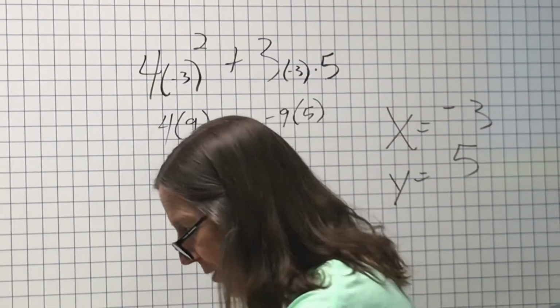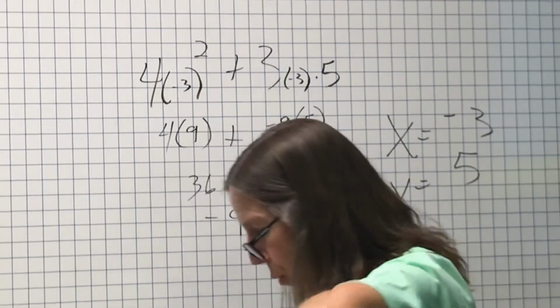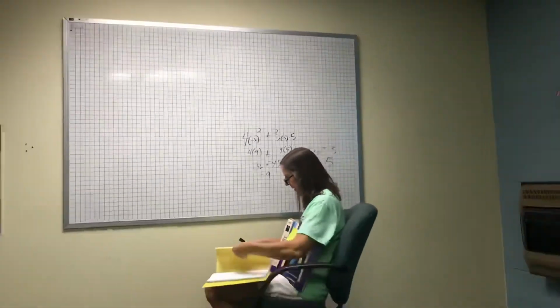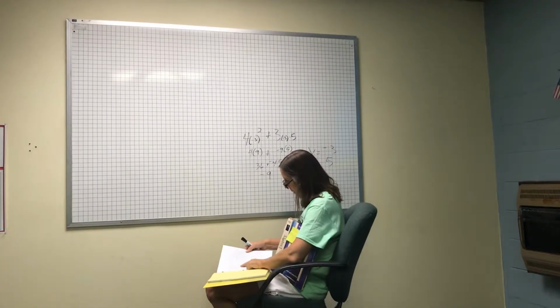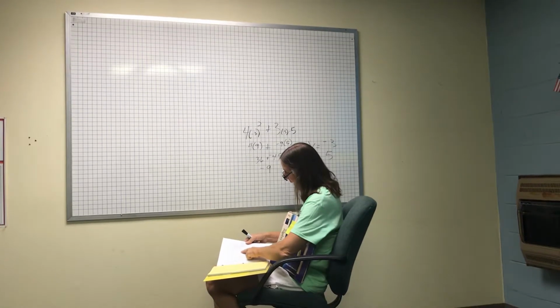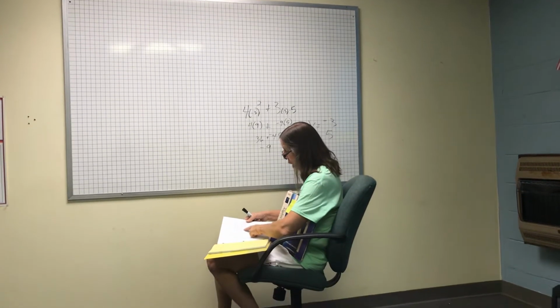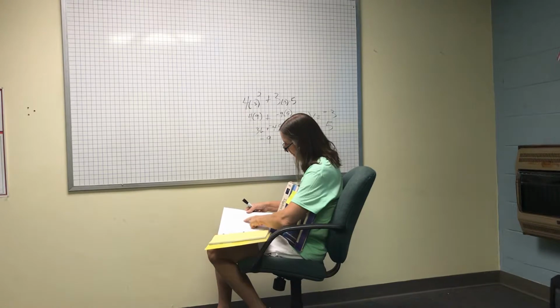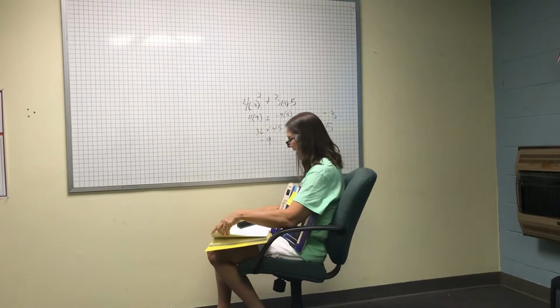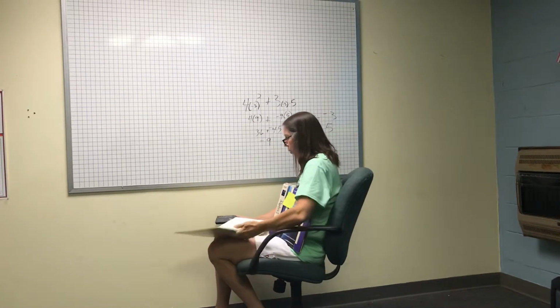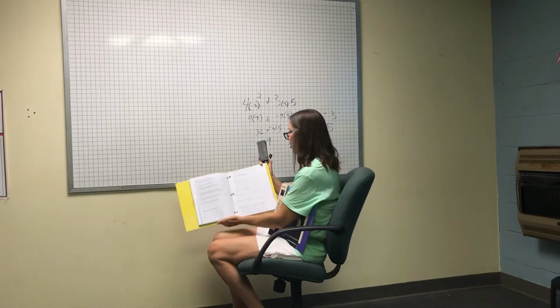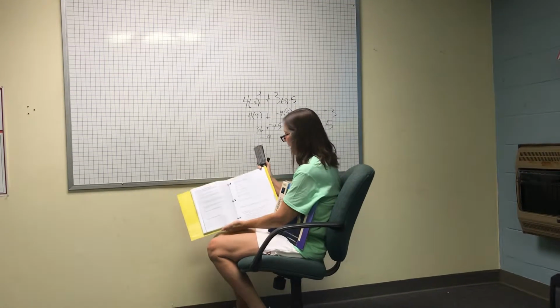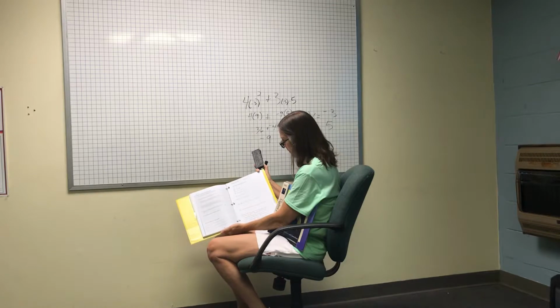So now you're going to have some work to do for 1.1. Let's see what it said. 1.1, numbers 6 through 40, even only in the book. You also have a handout in here, more practice. It says Algebra II section 1.1, evaluate each expression.